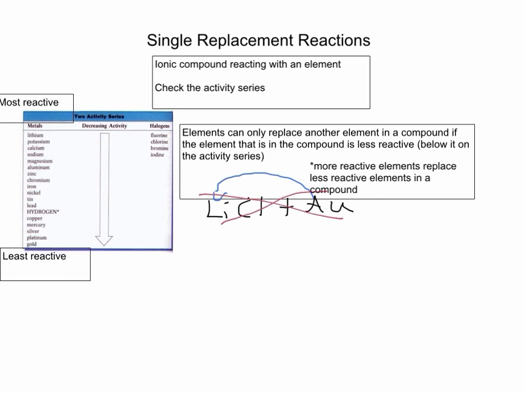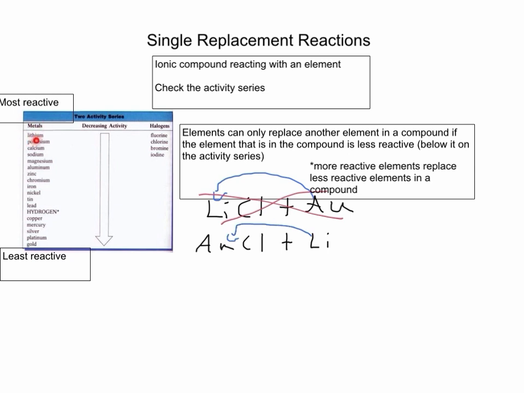Now instead, if we had gold(I) chloride and reacted that with lithium, let's see if this reaction would happen. We have an ionic compound with an element, good. Now, will lithium be reactive enough to replace gold?